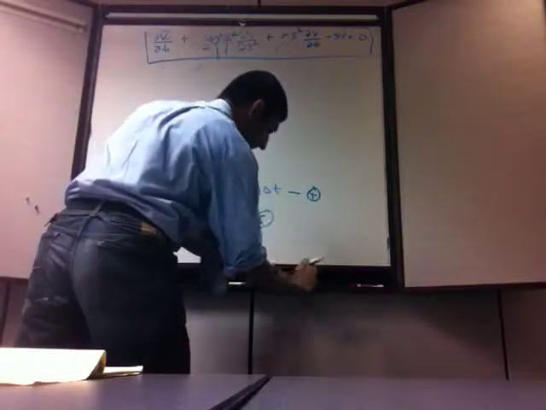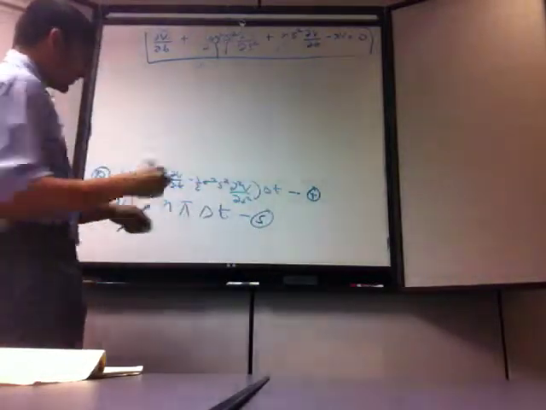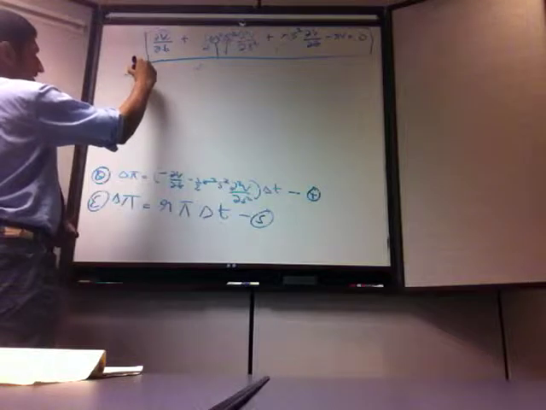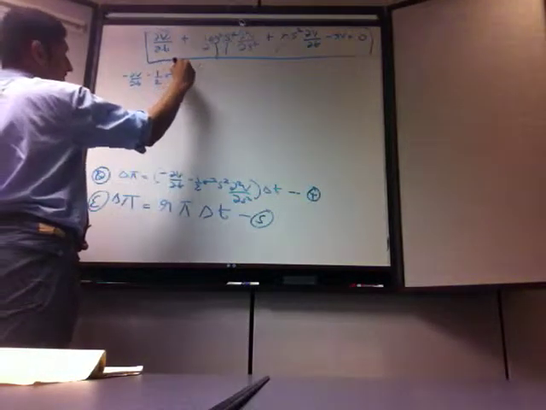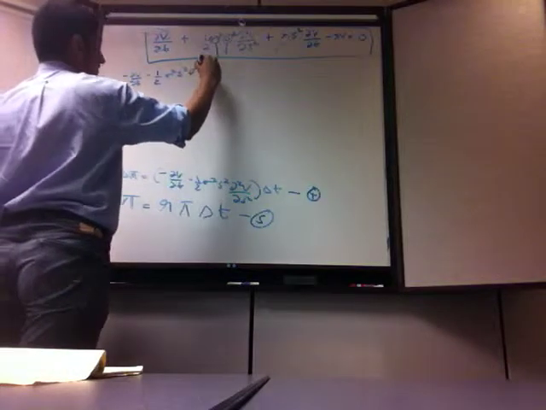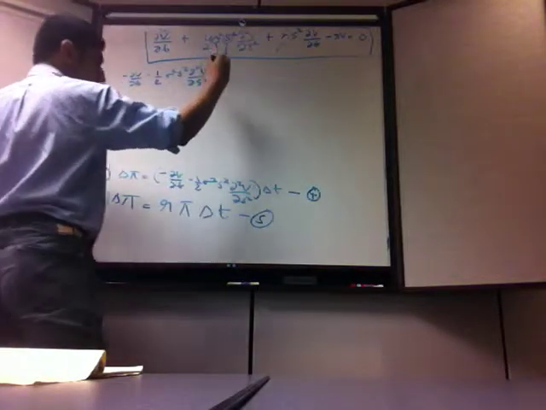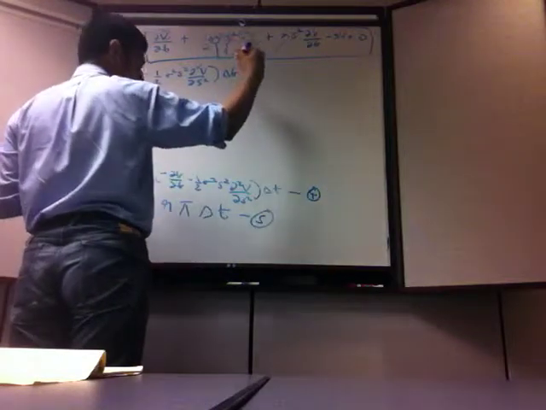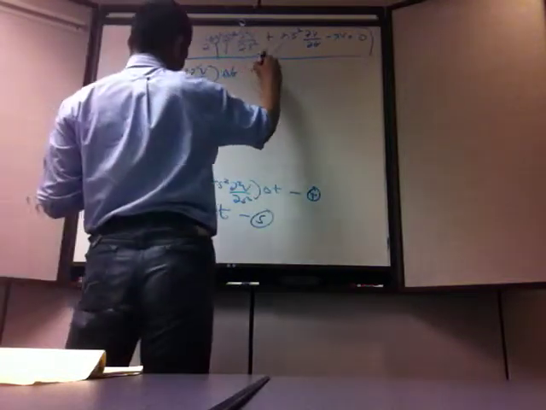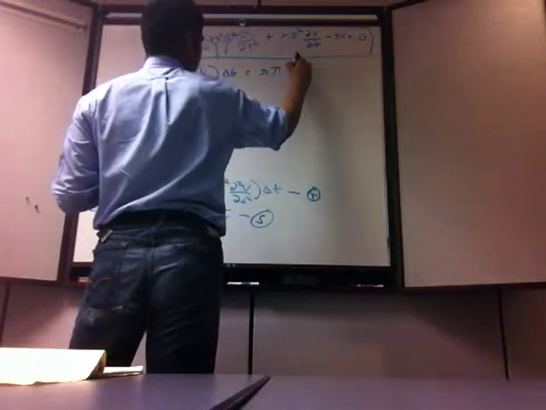So in other words, if we equate this and this, what we get is minus dv by dt minus half sigma squared s squared d2v by ds squared delta t equals r pi delta t.